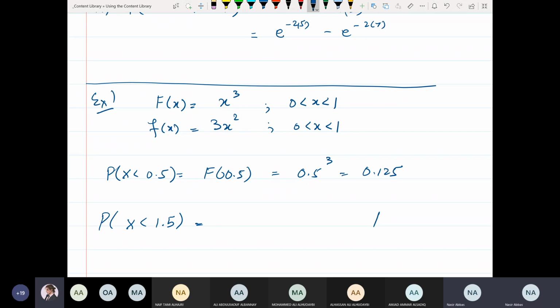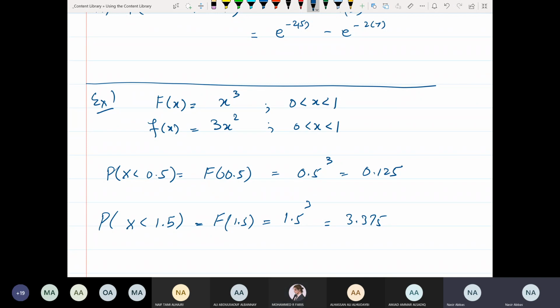We need to cube it. Capital F of 1.5, you will say it's 1.5 cubed, which will be 3.375. Can the probability be 3.375? No. What was the first lecture of this course? It's between 0 and 1.